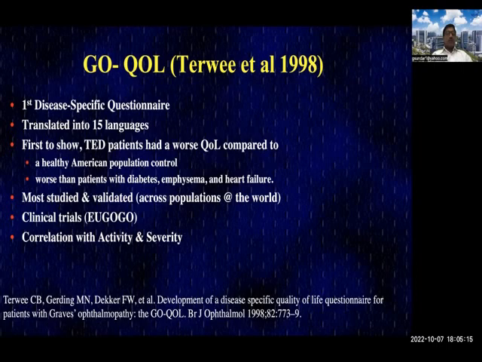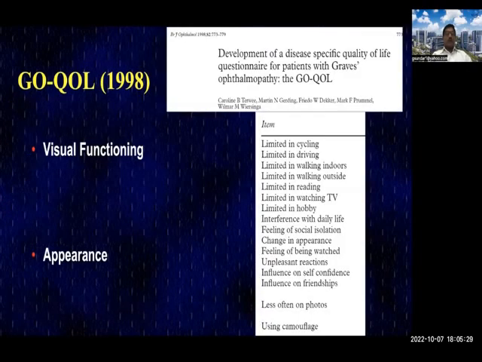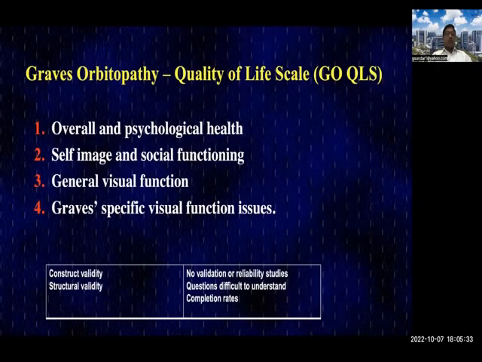It has been the most studied and validated and has been used extensively in the various clinical trials and correlates fairly well with the activity and severity of the disease. But the problem is it's detailed, and hence the completion rate is only about 78%. These are some other vision functioning and appearance questionnaires related to the GOQOL.